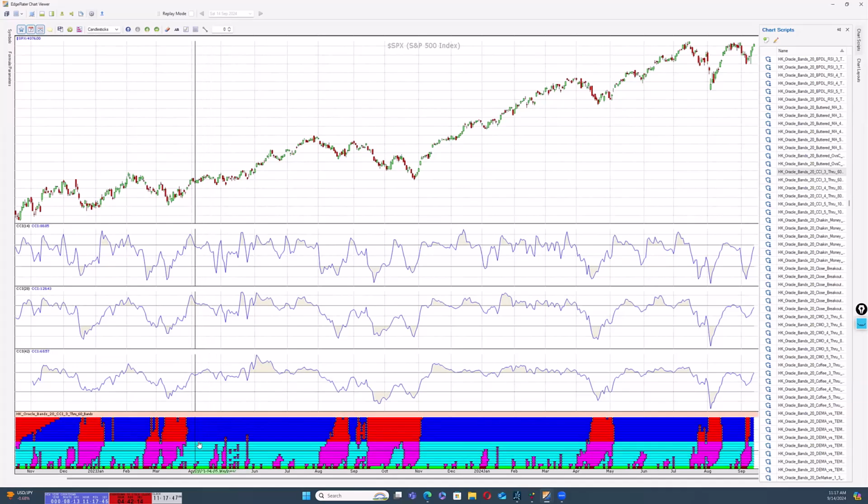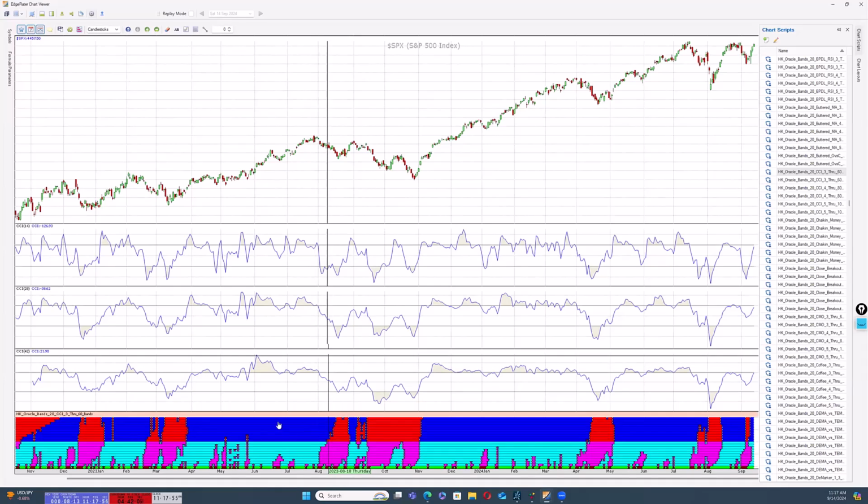So traders versus investors when they're bullish, when they're bearish. And then I also added on a consensus little thing right here. So when it's bullish, it's light green. And when they're more bearish, it's a darker purple or dark red.